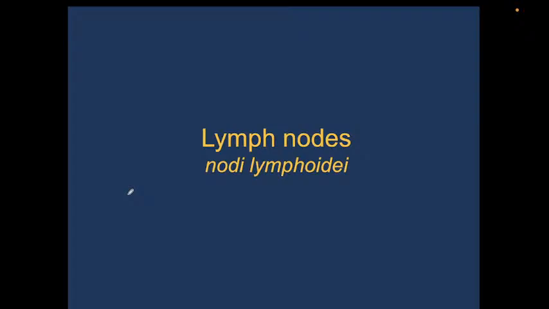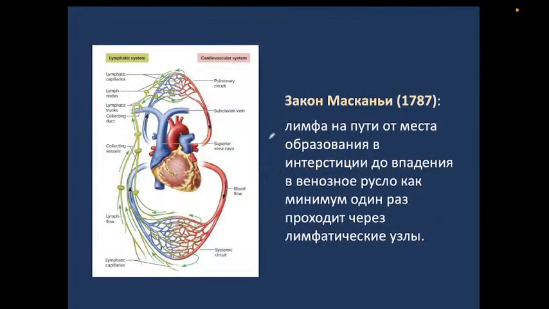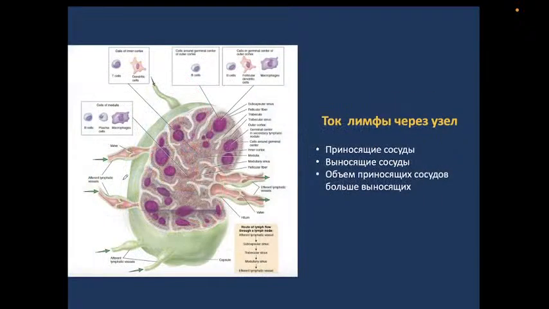Lymph nodes, nodi lymphoid, usually are organs located along lymphoid vessels, and they serve as filters of lymph on the pathway from the tissue to the veins.